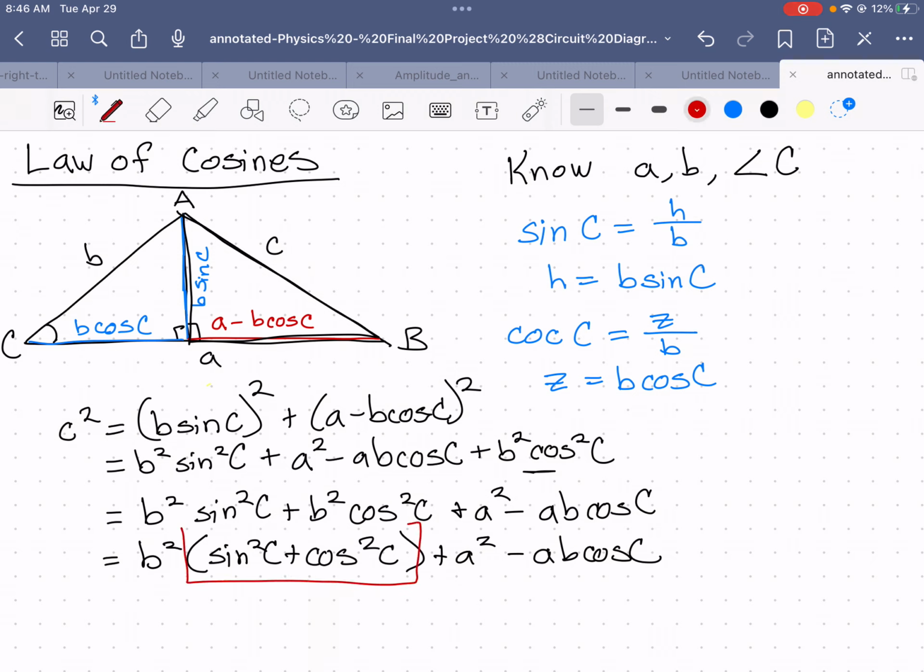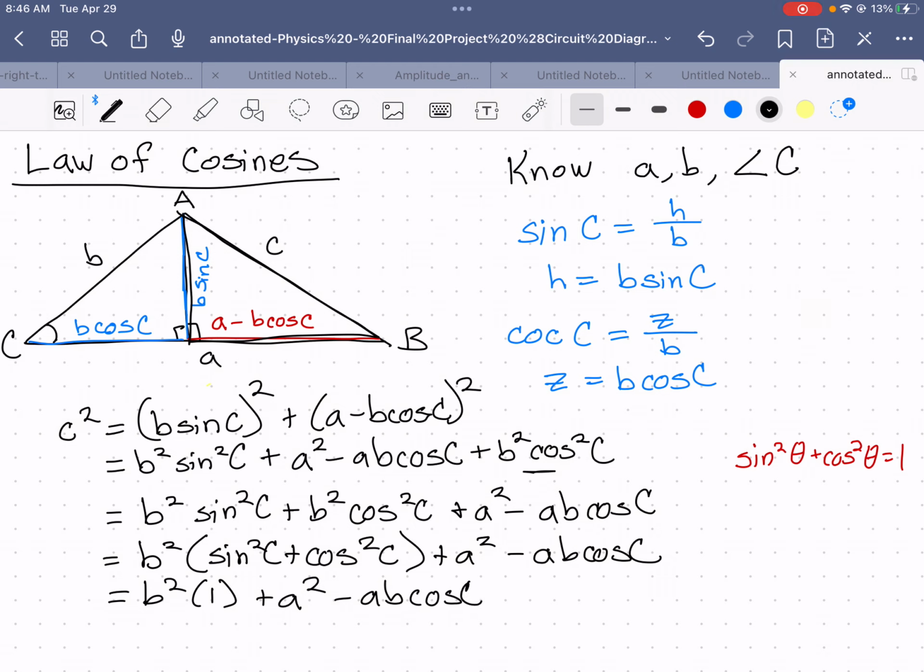This part right here, there's a Pythagorean identity that I can prove pretty easily that says that sine squared of theta plus cosine squared of theta equals 1. So we're going to substitute that in, and I'll prove that to you in a second, just in case you don't remember it. So that's equal to b squared times 1 plus a squared minus ab cosine c.